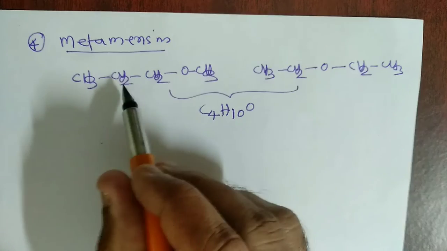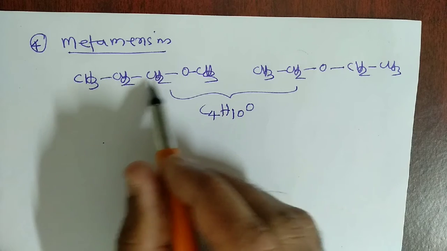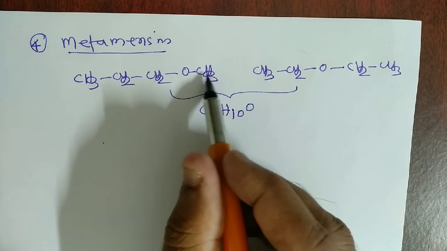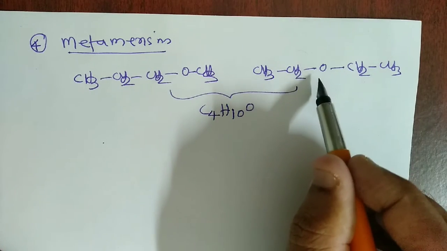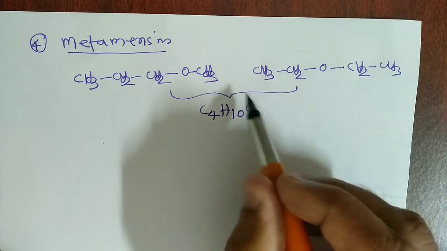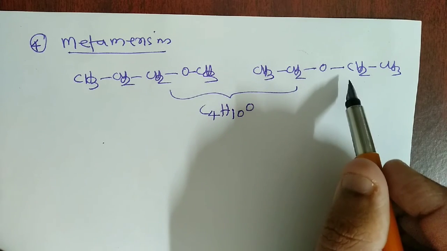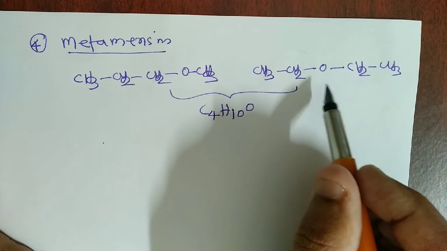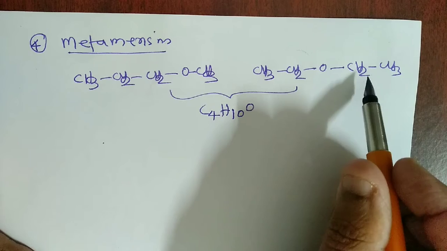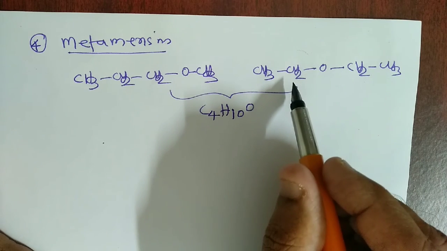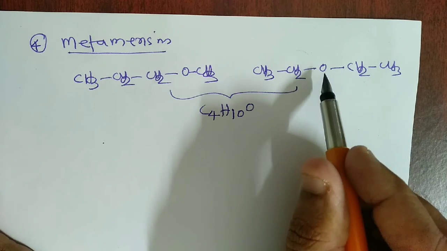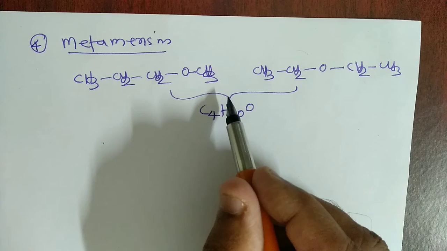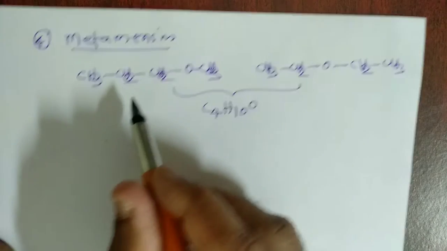First compound, left hand side propyl group or normal propyl group, and on right hand side methyl. In the second compound, both sides have ethyl groups. So isomers differ with respect to nature of alkyl groups bonded to oxygen atom. This type of structural isomerism is called metamerism.